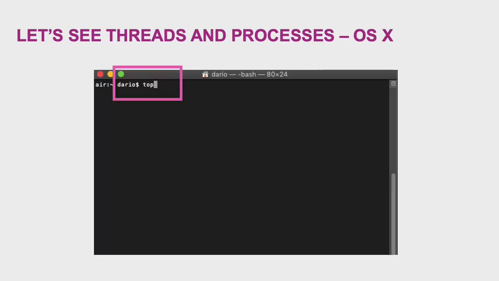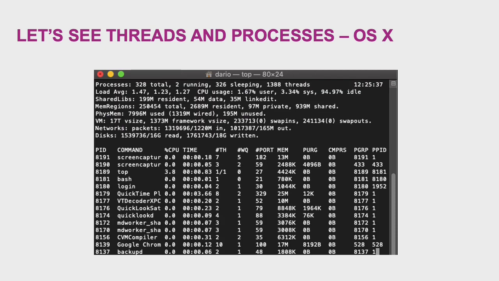Let's have a look at processes and threads on a real system. Now you can see my console, the console of my Mac, and by using the top command you can have a look at the processes and threads that are running on my system. Here you can see the result of the execution of top on my machine.